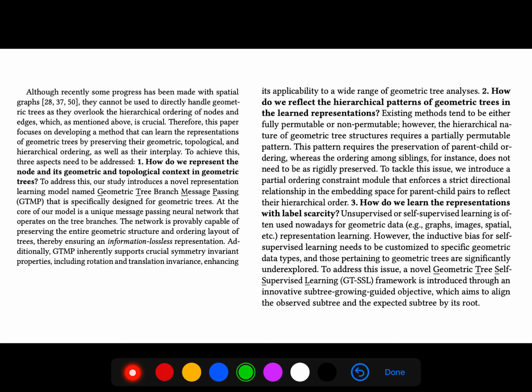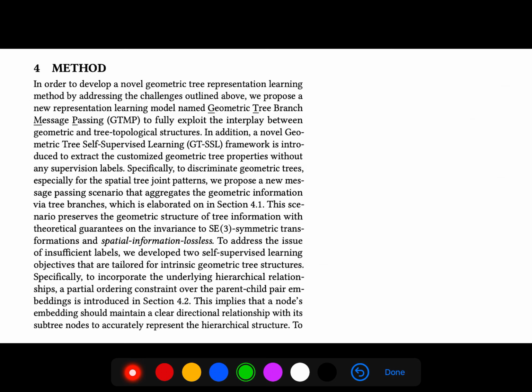So how do we reflect the hierarchical patterns of geometric trees in the learned representation? And another question, how do we learn the representation with label scarcity? Another important question, how do we represent the nodes and their geometric and topological context in geometric trees?